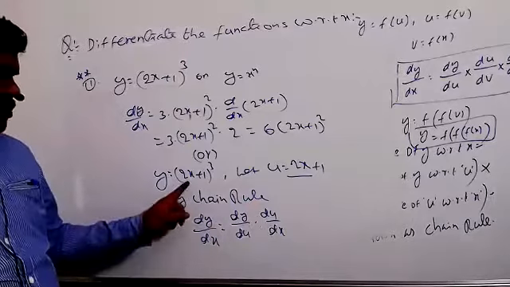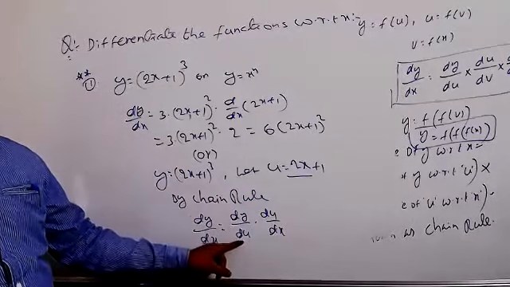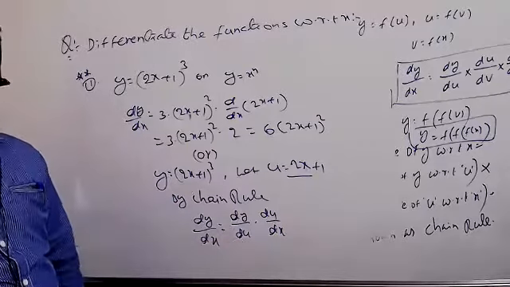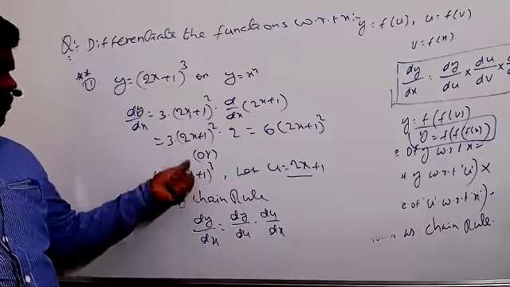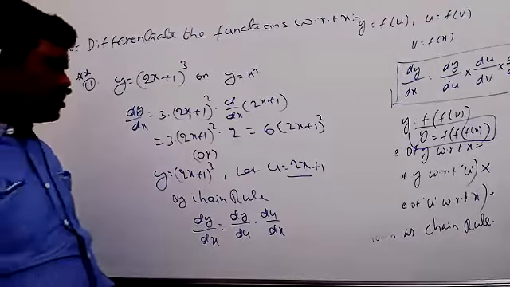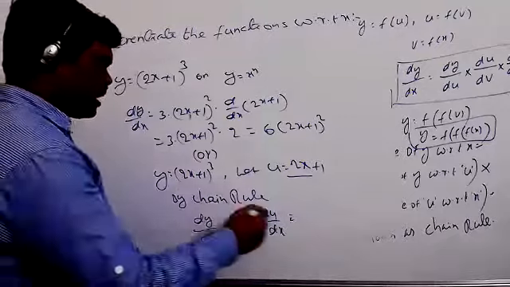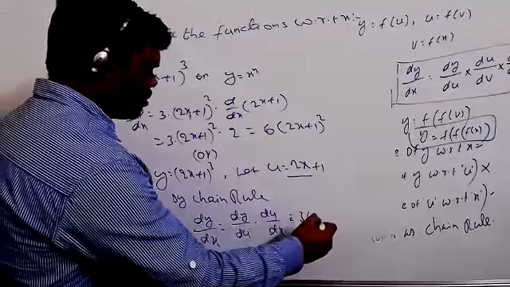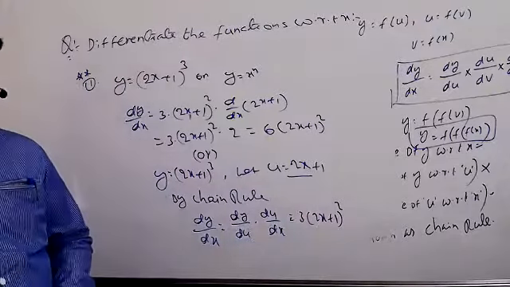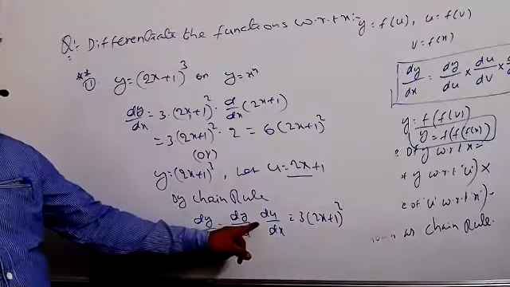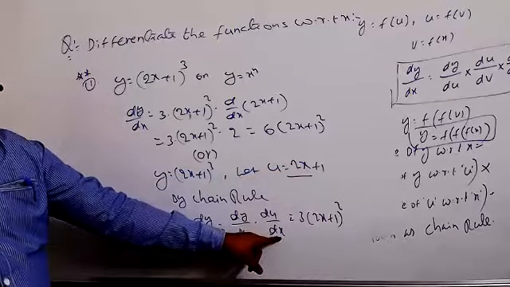That means we differentiate the first function with respect to u, applying the exponent formula. So dy by dx equal to 3 into (2x plus 1) whole square, into du by dx, which is the derivative of the u function with respect to x.